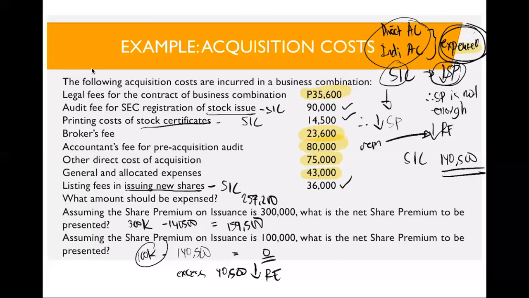Yes, so it will decrease your share premium, 159,500 na lang yung net share premium. But if the share premium is 100,000, and then we have a stock issuance cost of 140,500, so 100,000 less 140,500, we have here zero net share premium because the share premium is not enough. What will happen to the excess? The excess will be treated as a reduction to retained earnings.